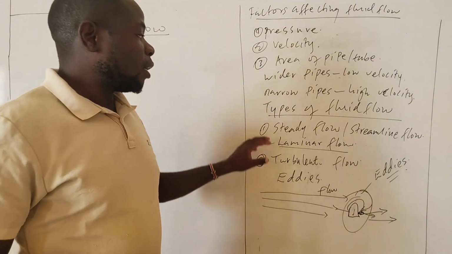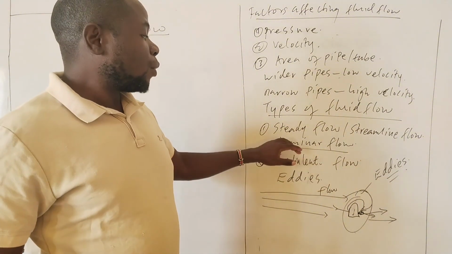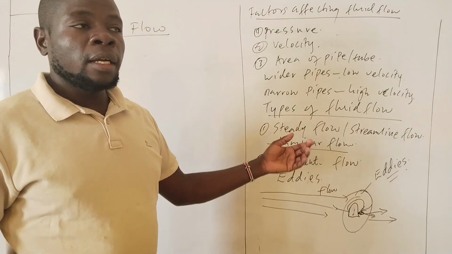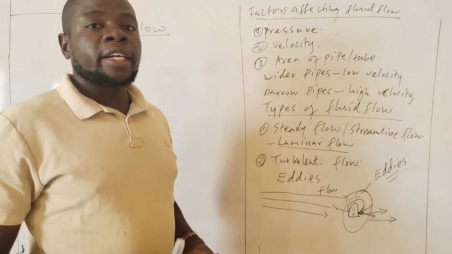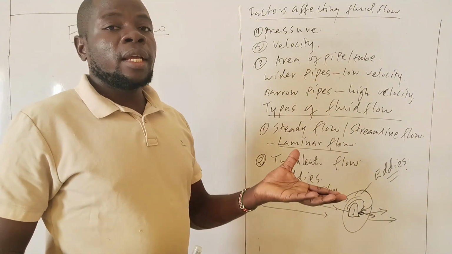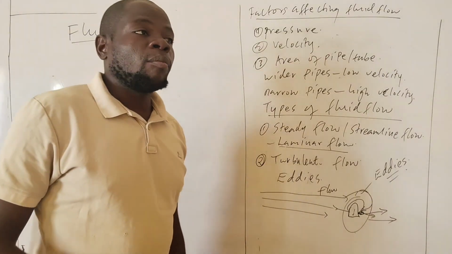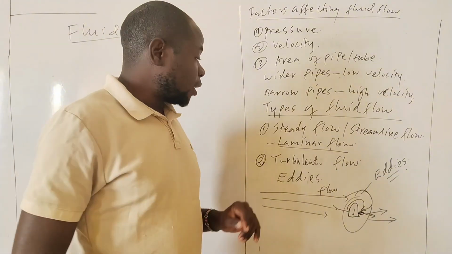If it is flowing smoothly, then we will call it a laminar flow. Here, only velocity varies with layers. So the upper layer will have different velocity as compared to the lower layer, but all the liquid will be moving in the same direction.